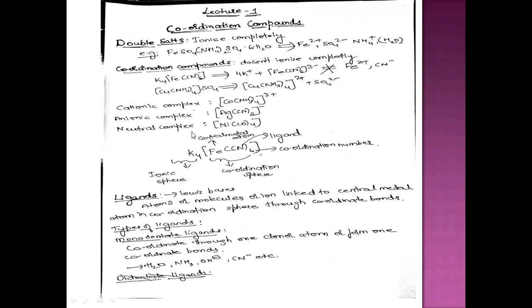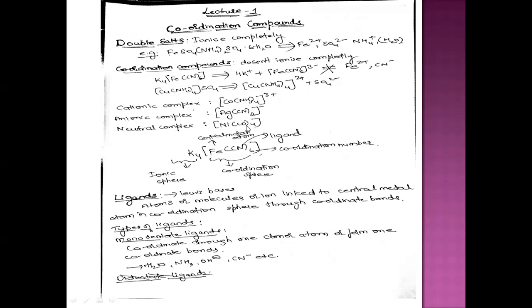And what is a neutral complex? An example is nickel tetracarbonyl. It does not have any ion outside the coordination sphere, so there is no question of dissociation at all. We know that inside the coordination sphere the ions remain intact, they do not dissociate, right?